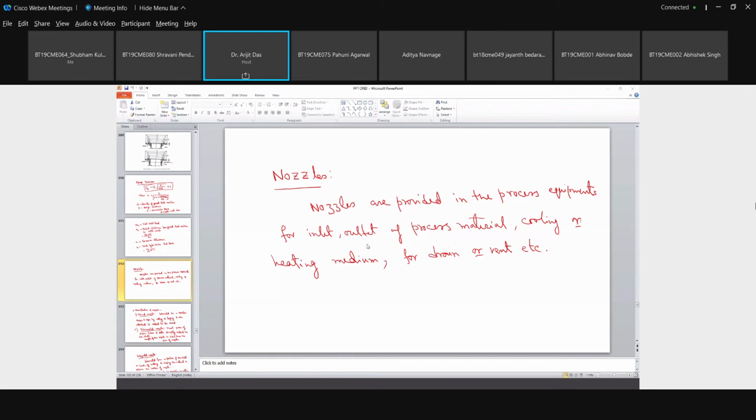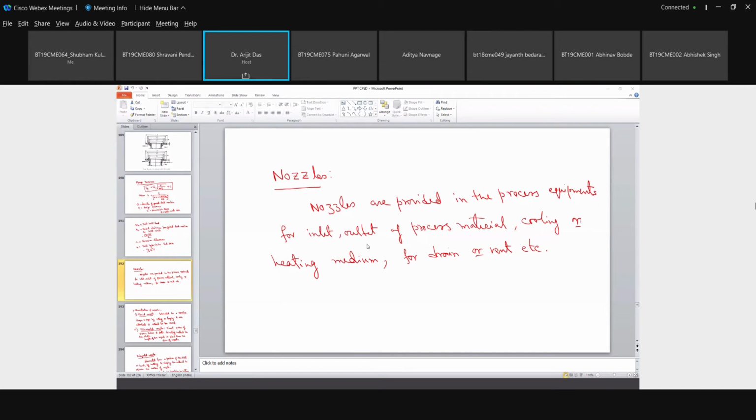Because it provides, in the process equipment, for inlet and outlet of the process material, or for monitoring temperature and pressure purposes. We can use the nozzle to insert a thermometer, thermocouple, pressure gauge, whatever, or for draining purposes also. So it is almost an integrated part of your process equipment.